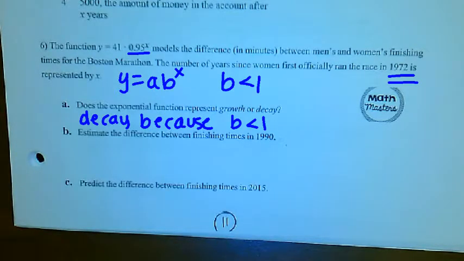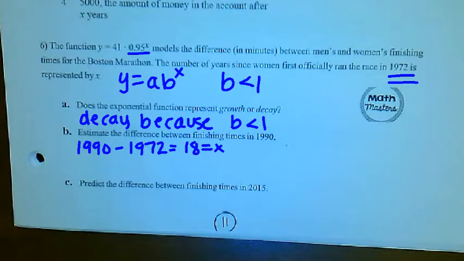Okay, estimate the difference between finishing times in 1990. So 1972 is where we start. So we're going to find the difference from 1990 to 1972. What we're going to do first is 1990 minus 1972. That equals 18. Okay, so this is our x.